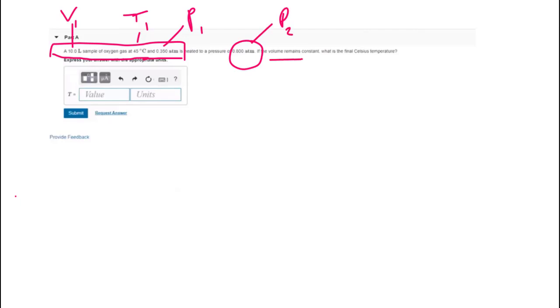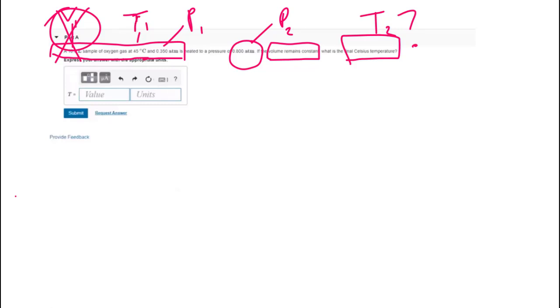If the volume remains constant, so my volume is not changing. So my volume 1 and volume 2 are going to be the same, so I actually don't even care that I have a 10-liter sample of it. What is the final Celsius temperature? So T2 question mark. So here, notice I have an initial temperature, initial pressure, a second pressure.